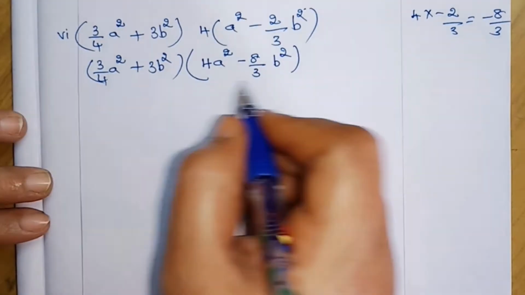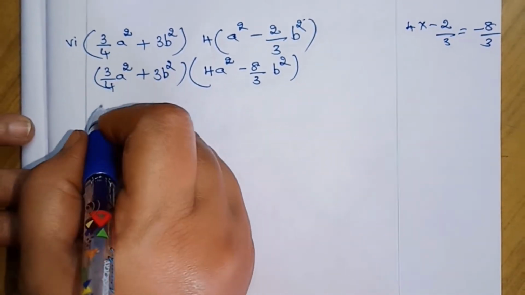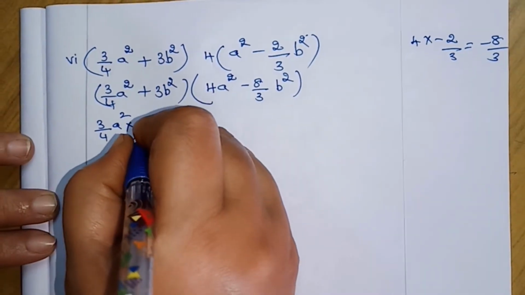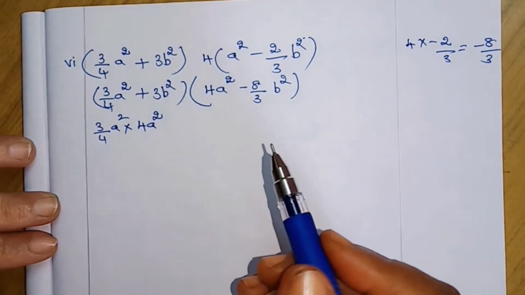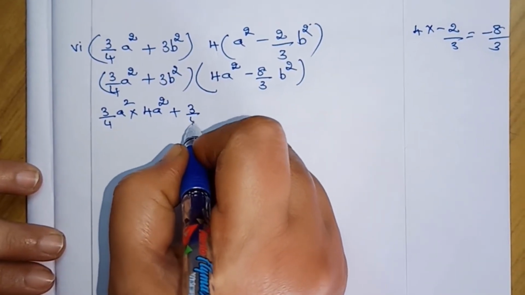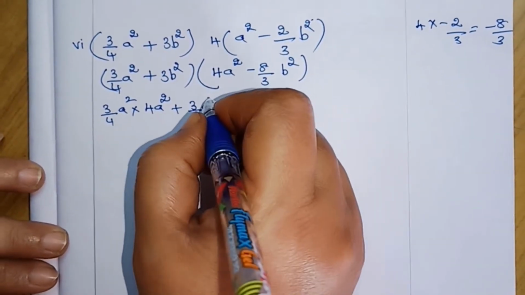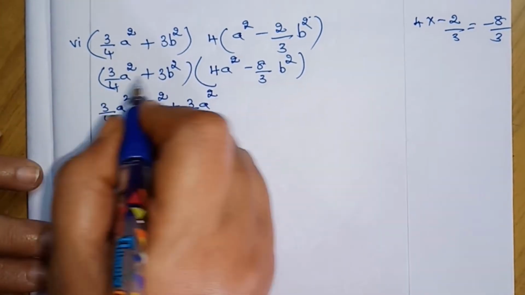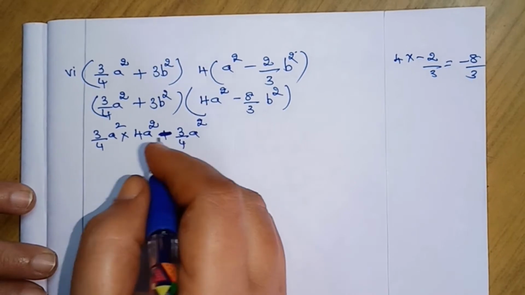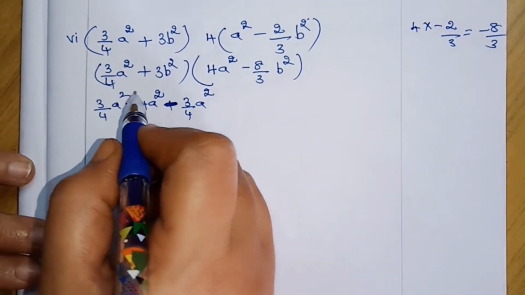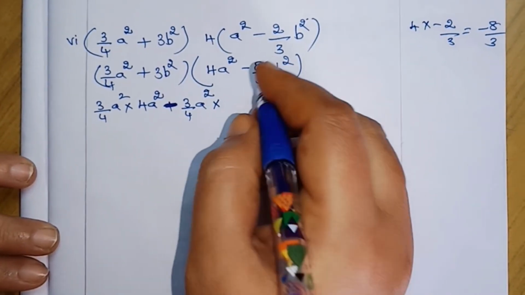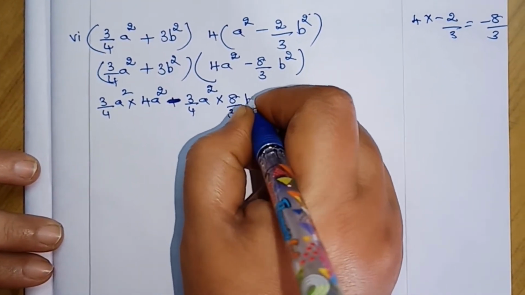Now we multiply. So 3 by 4 a square into 4a square, plus 3 by 4 a square, or directly we can write here plus into minus is minus. So we can write here as minus 3 by 4 a square into 8 by 3 b square.